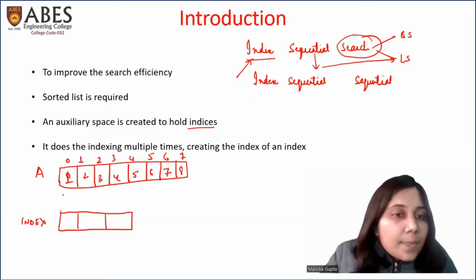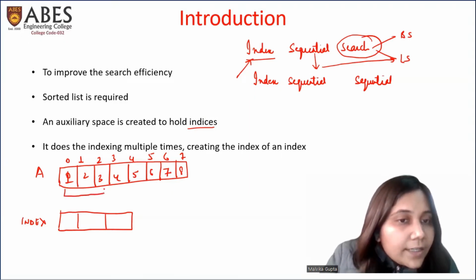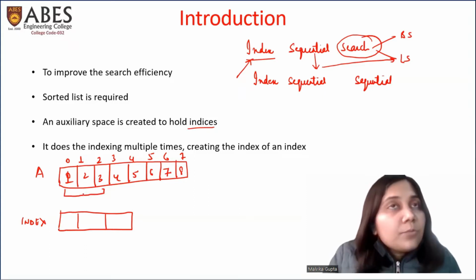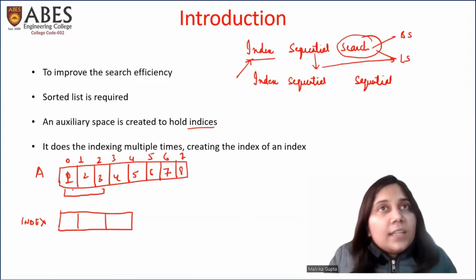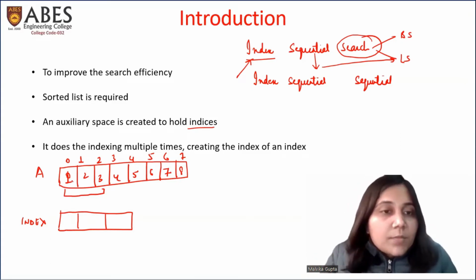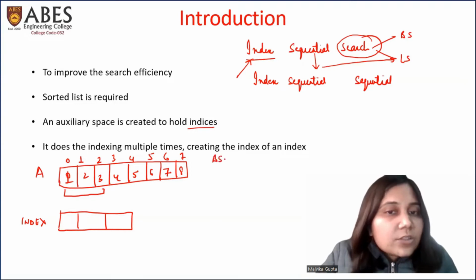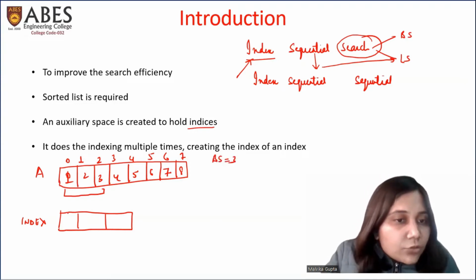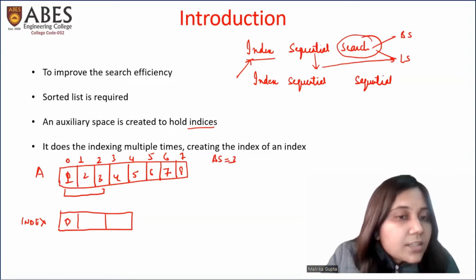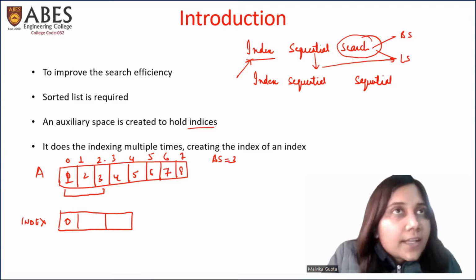Block size means that, starting from a particular index, we write here only the starting index, and the block size says how many elements a particular index will be responsible for. Suppose the block size is 3. The starting index is 0, and the 0th index is responsible for these 3 values up to the second index.